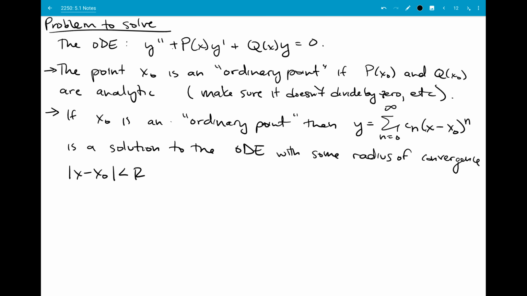And of course, if you wanted to get an idea of that radius of convergence, you could use that test that we learned last section.